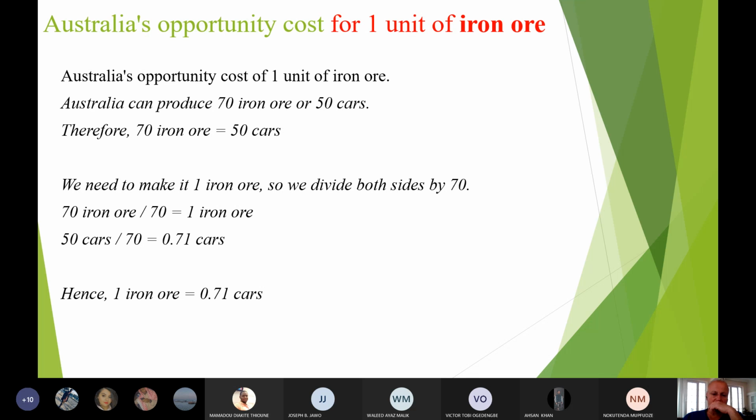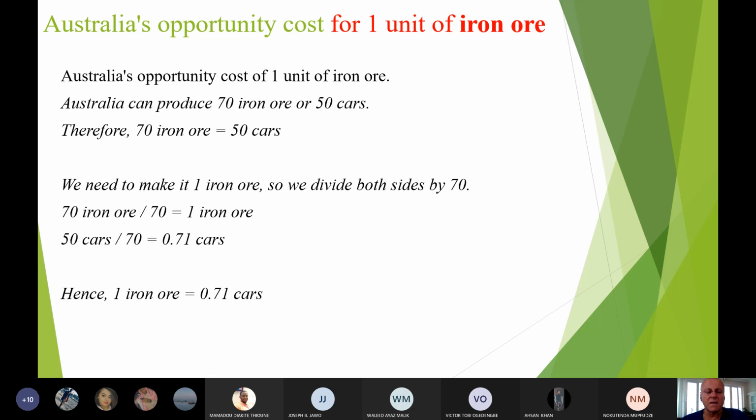Then Australia's opportunity cost of 1 unit of iron ore should be similarly realized. Australia's production of 70 iron ore is supposed to be equal to 50 cars. Then we need to make it 1 iron ore, so we divide both sides by 70. 70 divided by 70 will become 1 iron ore, let's say 1 hour calculated at that level.